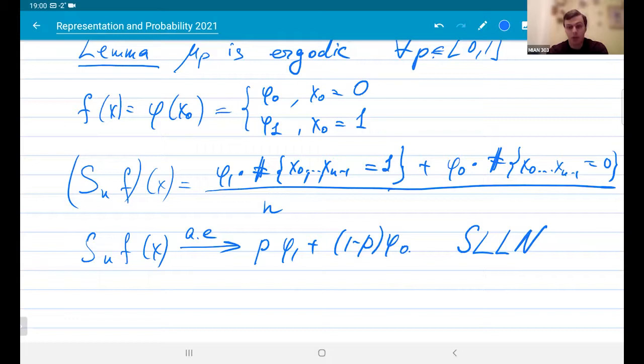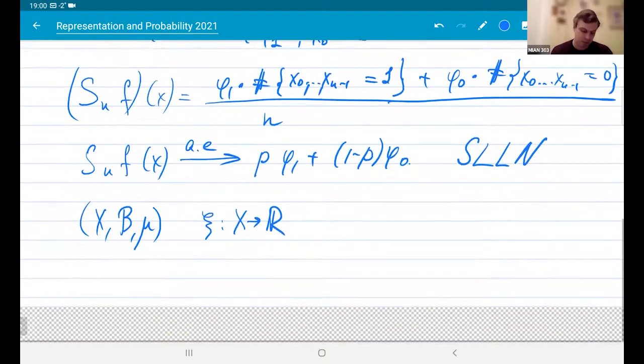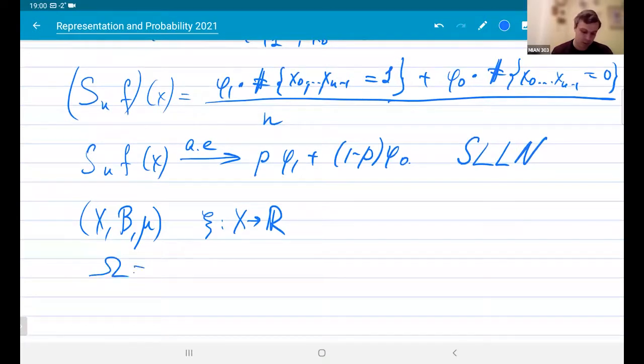In fact, you can extend what I have said to a more general situation. So you start with some (X, B, μ), and ψ is measurable. And then you take the sequence space Ω, which is the direct product of these spaces.